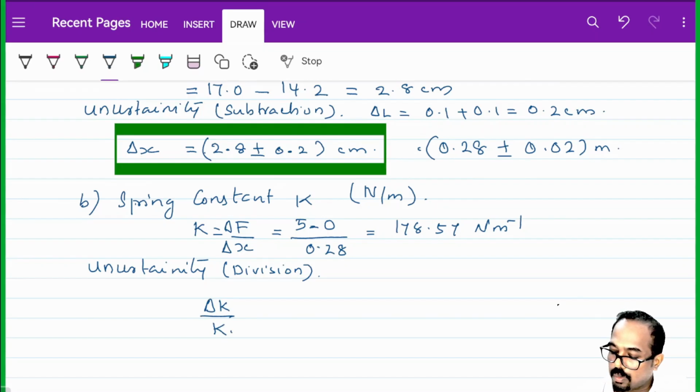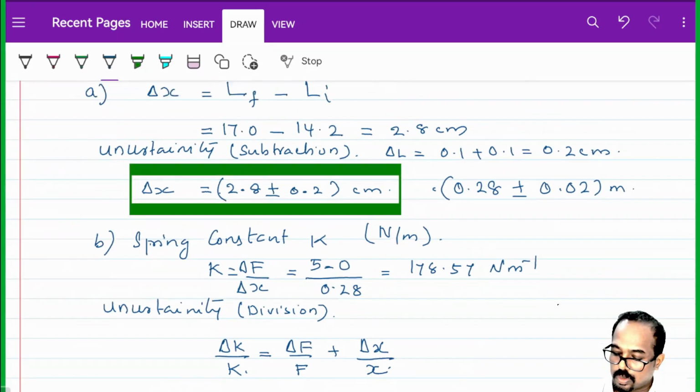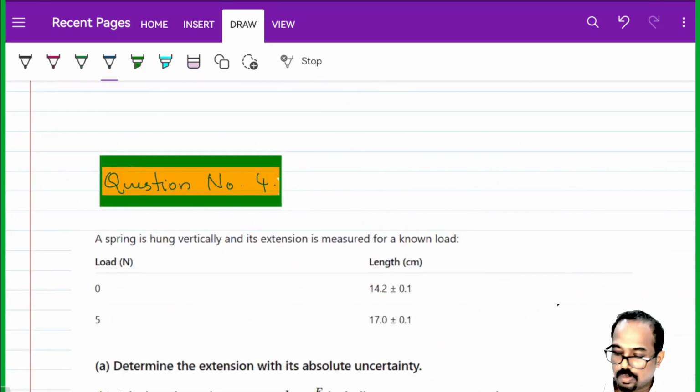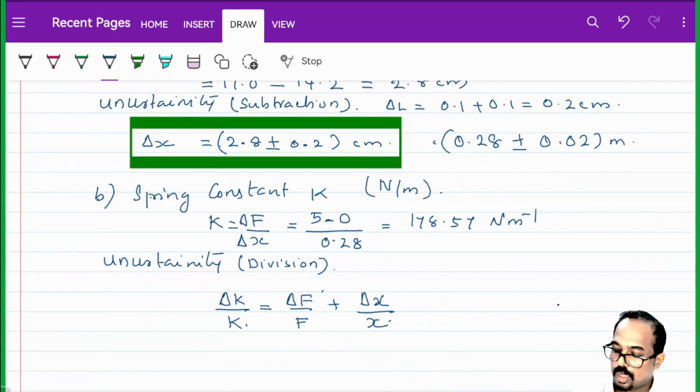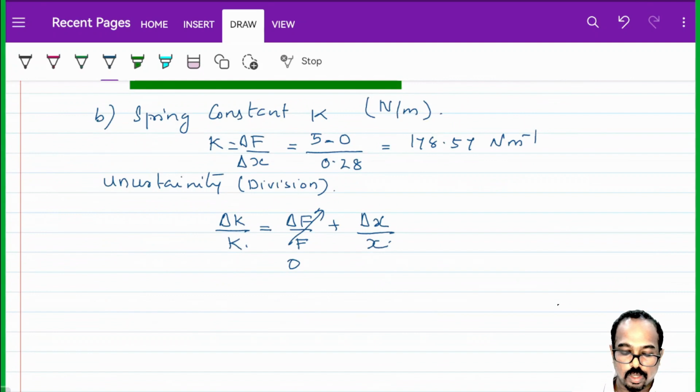Delta K by K is equal to delta F over F plus delta X over X, right? If you check this one, force uncertainty is not given, so you will consider it as 0. There is no uncertainty in the force, so the uncertainty is contributed by elongation only, right?